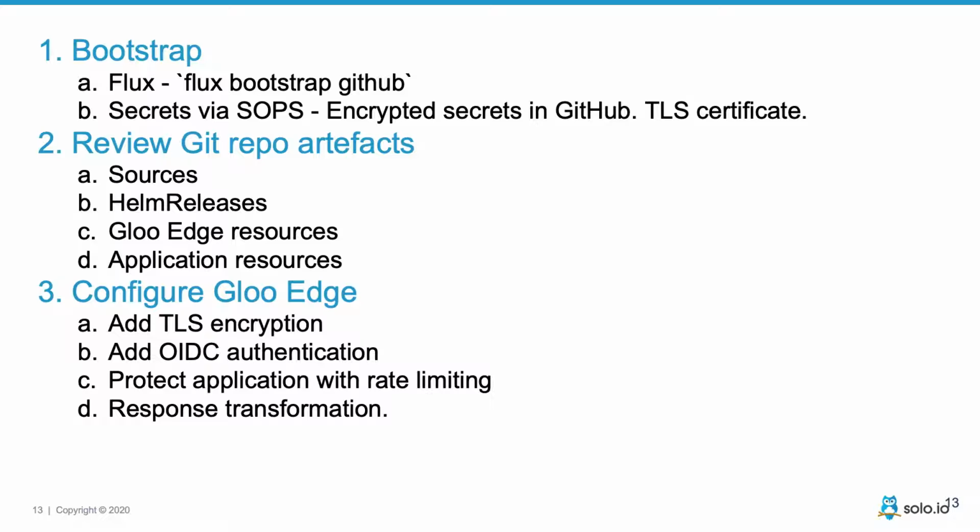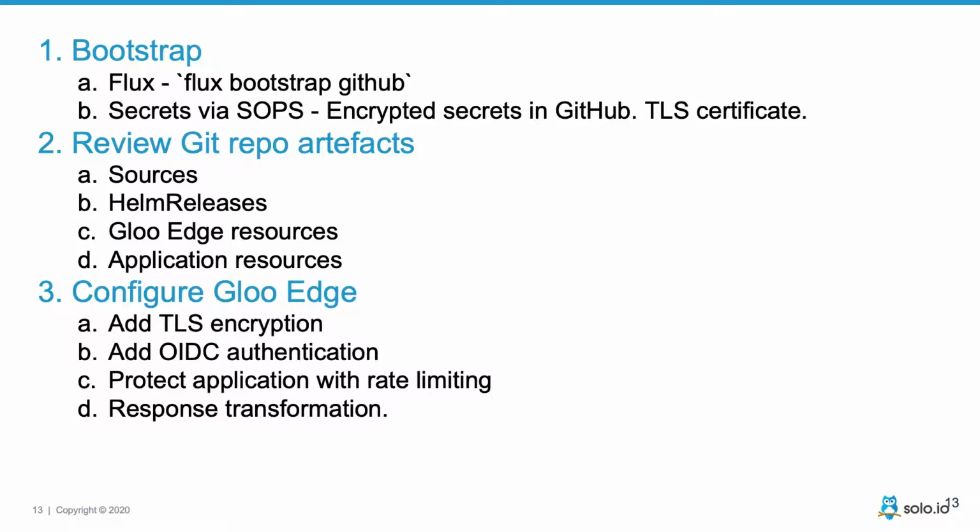Once we have the Bootstrap kicked off, we'll look a little bit closer at the repository and the custom resources that really build on what we're doing here today. Once everything is installed and ready, we'll look at how to configure Gloo Edge API gateway.